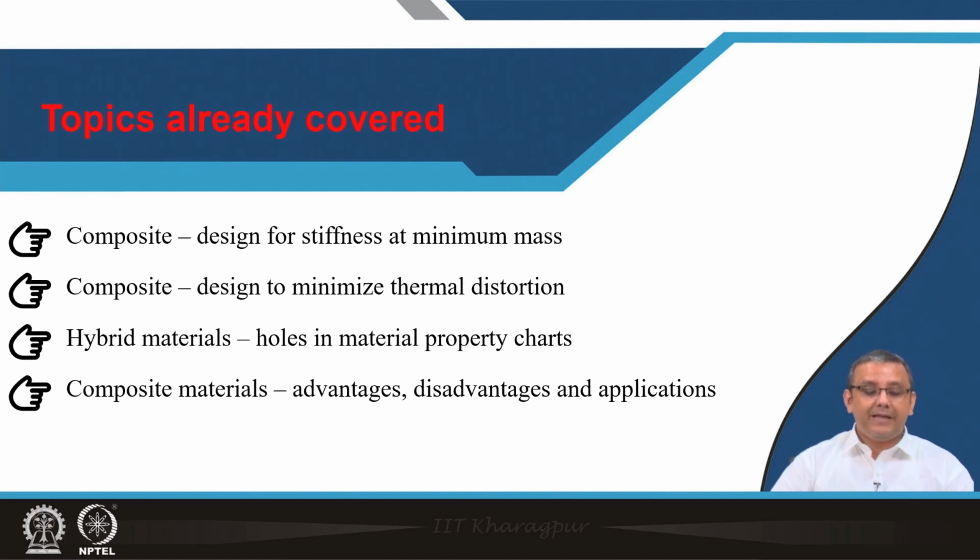The use of hybrid materials to fill up the holes in material property charts was shown, and in the last part of the last lecture, the advantages, disadvantages and potential applications of composite materials were discussed.